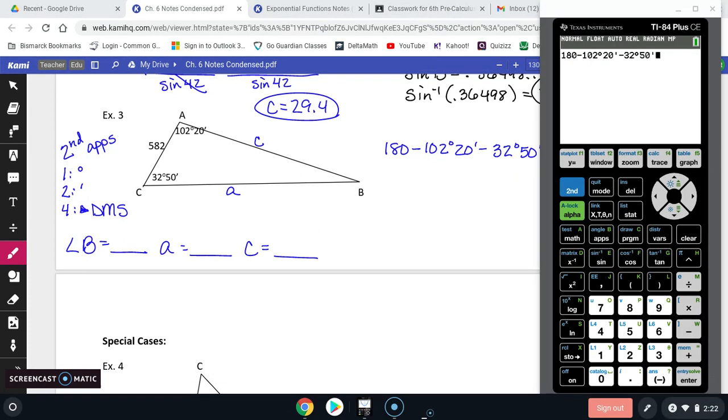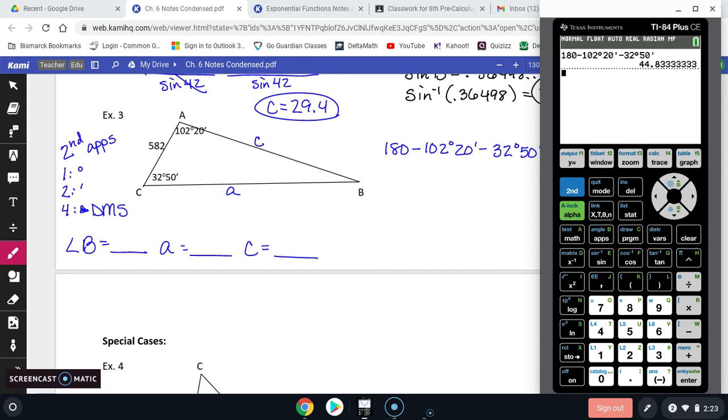Here I've typed in 180 degrees, and then I'm subtracting my other 2 angle measures. Remember, it was second apps. Second apps is where you go to get your degree and your minutes. I'm going to hit enter, and that gives me 44.83 repeating degrees.